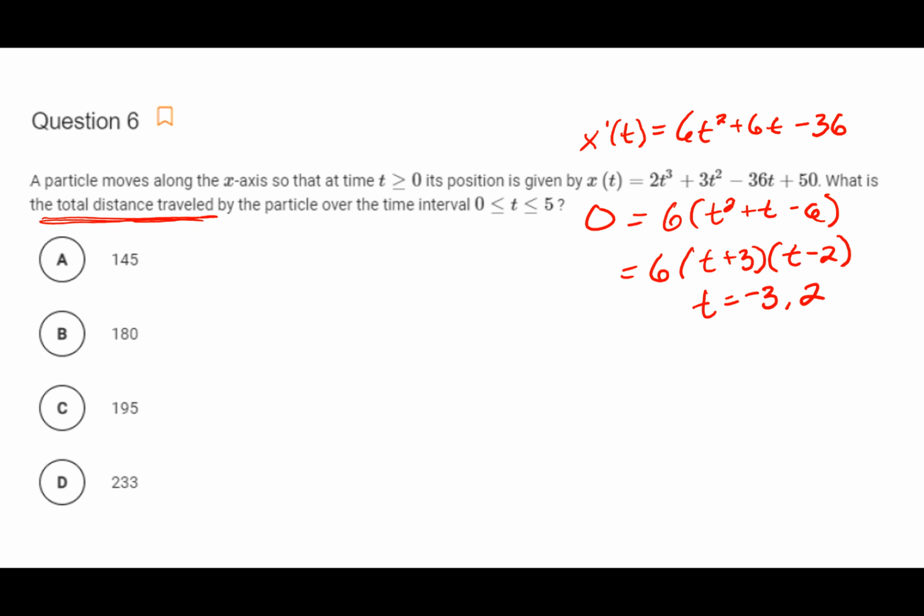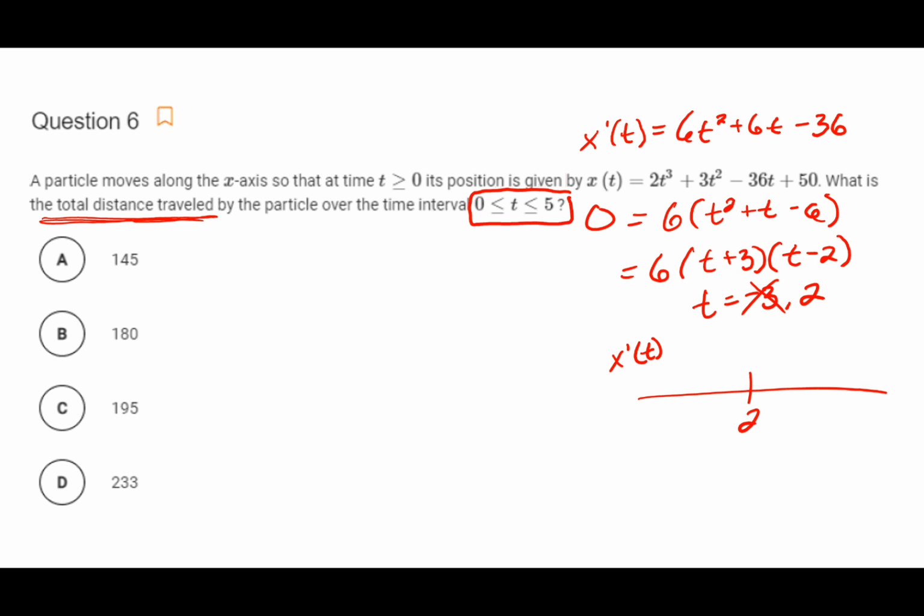Again, t is equal to time, and they give us the interval that the time has to be between 0 and 5. So we don't even have to worry about the negative 3, because that's outside of our interval. We can't have a negative time anyway. So 2 is a critical point. If I made a quick sign chart, I know at time t equals 2, it's 0, so it's not moving. But let's look at what's happening before it, and what's happening after 2 seconds.